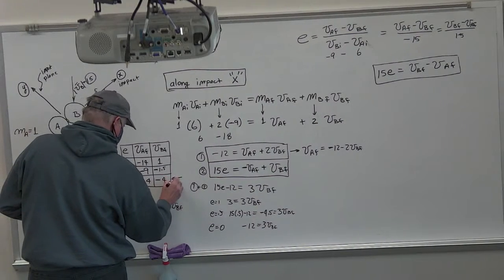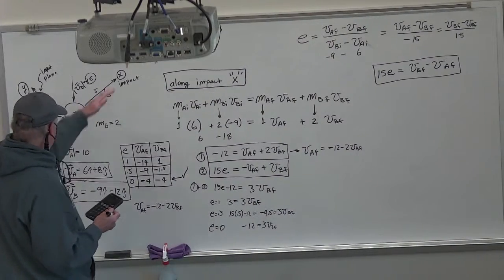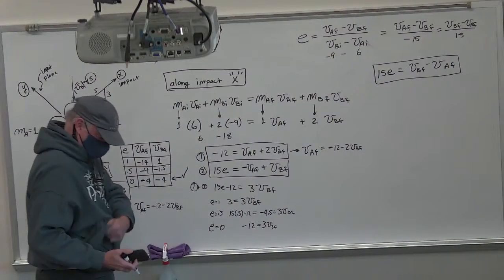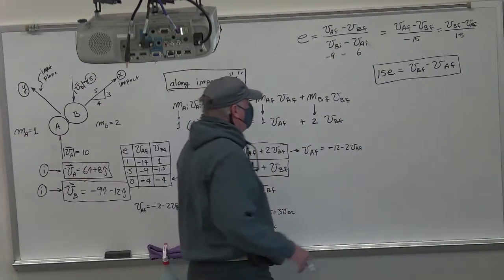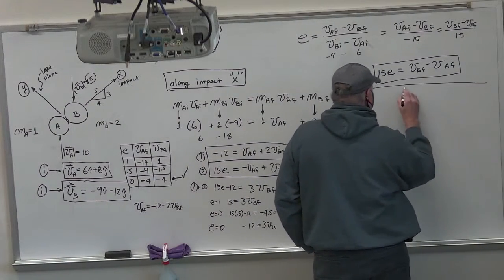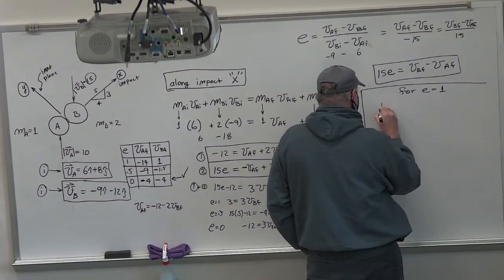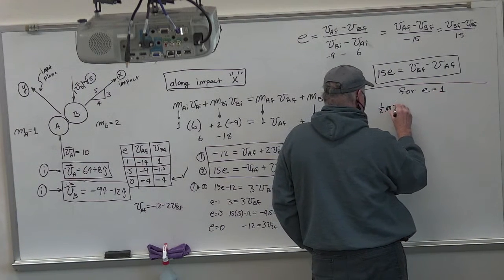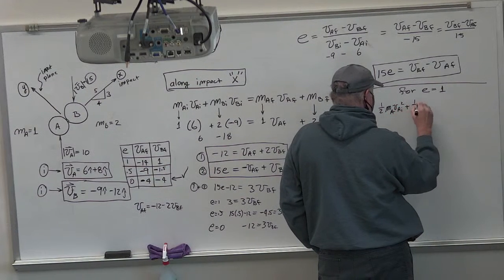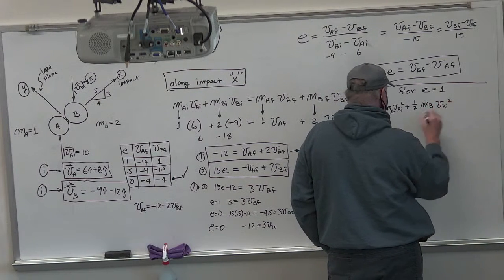First thing I see is they both have the same velocity in the impact direction. Second thing I want to check is this one. The way I'll check it, for E equal to 1, is 1/2 MA VA initial squared plus 1/2 MB VB initial squared.